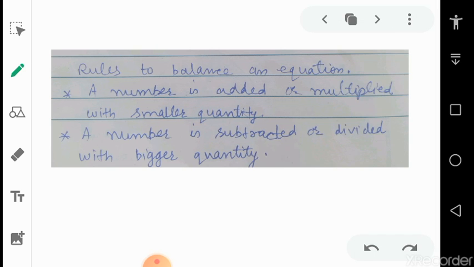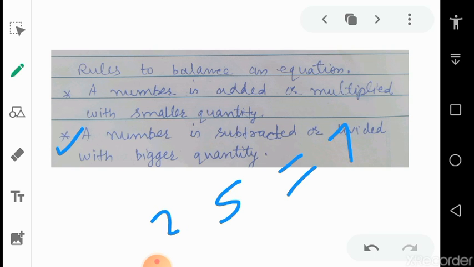Now see a few rules. If we are going to balance an equation, a number is added or multiplied with the smaller quantity. Second, a number is subtracted or divided with the bigger quantity. For example, if we say 5 and 7, we want to make both sides equal and we want to add a number.